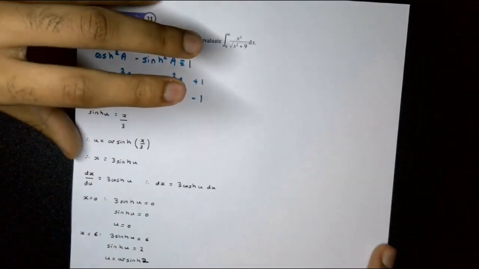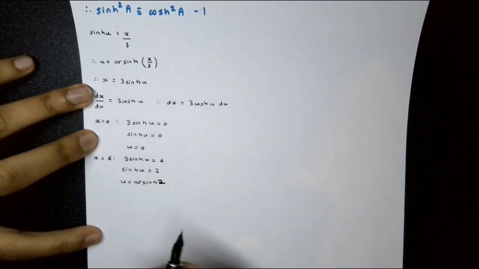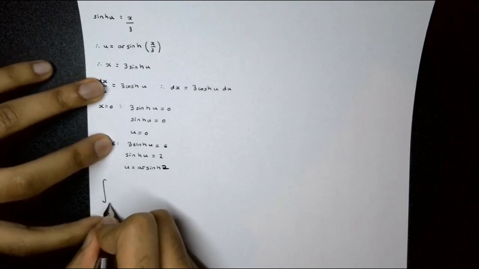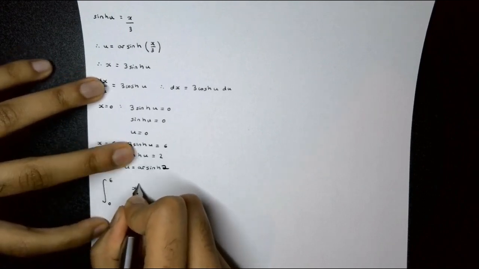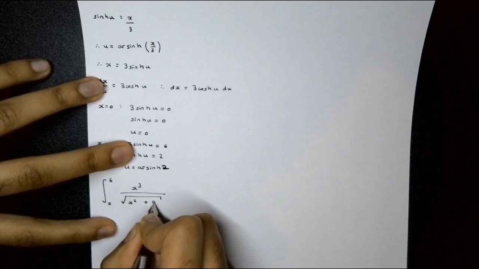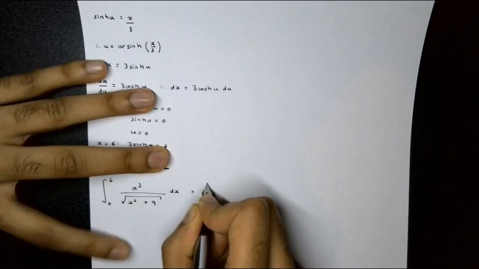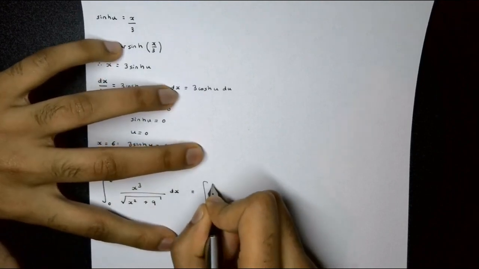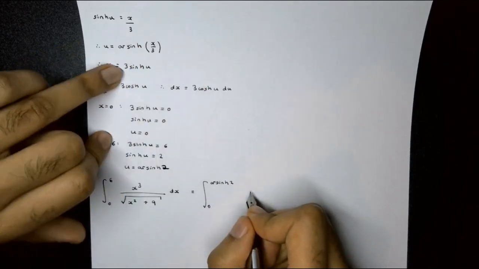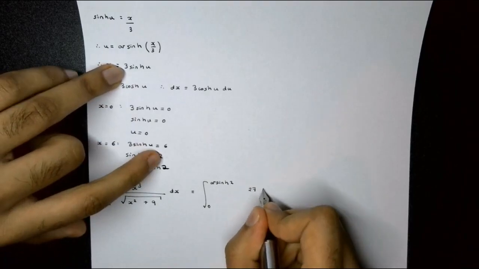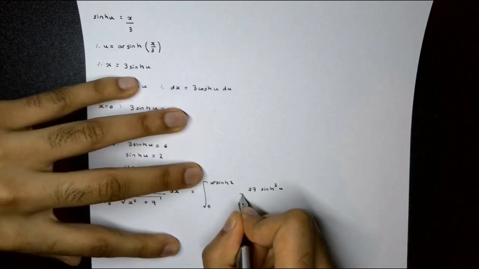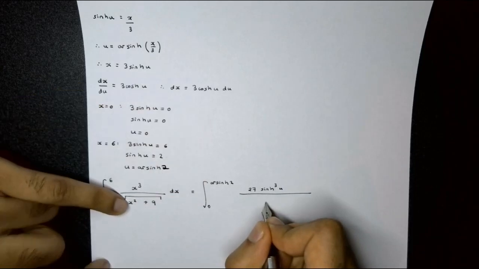What we can now do is replace everything as necessary in terms of u. So therefore we've got the integral from 0 to 6 of x cubed over square root of x squared plus 9 dx. This is equal to the integral from 0 to inverse hyperbolic sine of 2 of x cubed, so that will be 27 times by hyperbolic sine of u cubed over x squared plus 9.